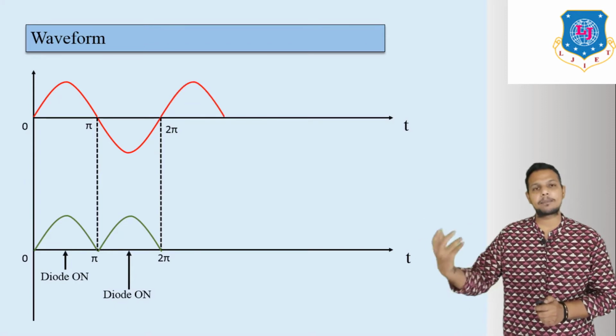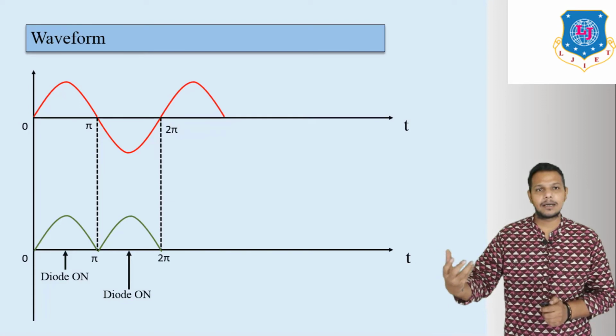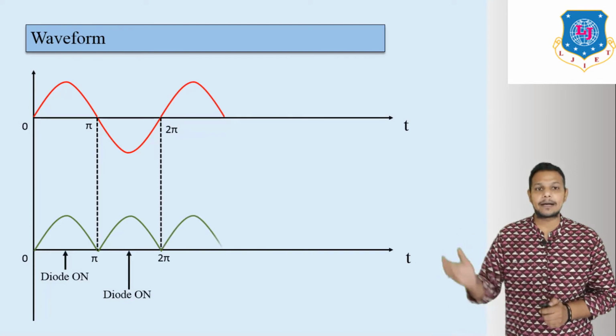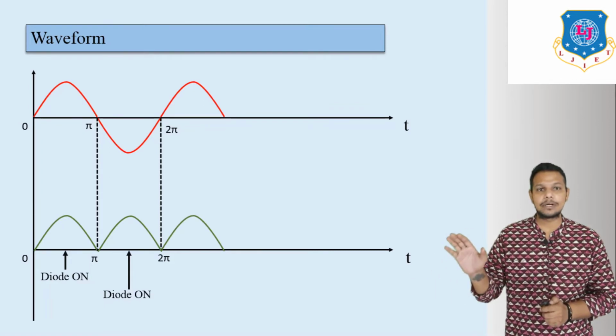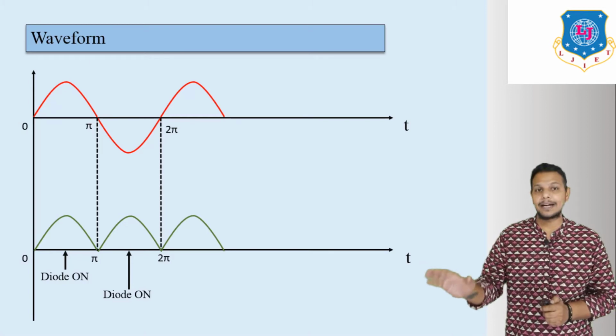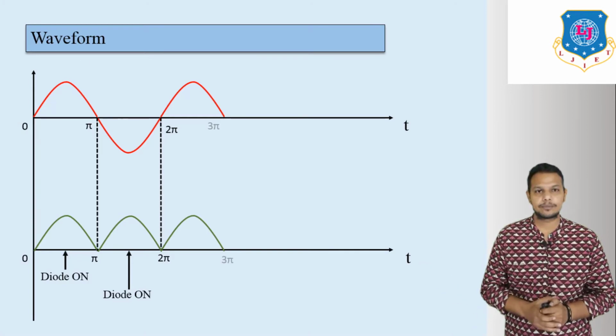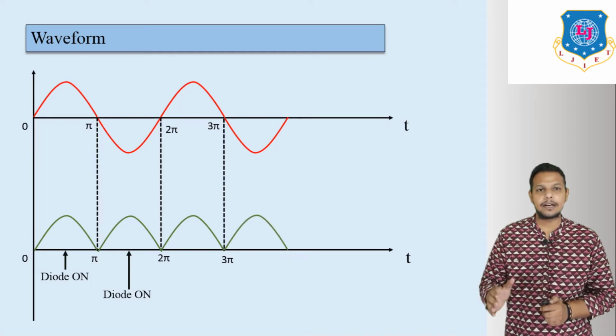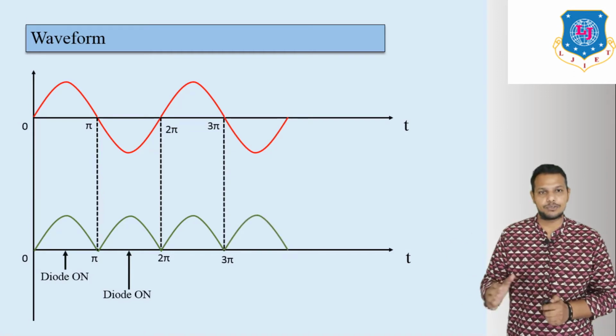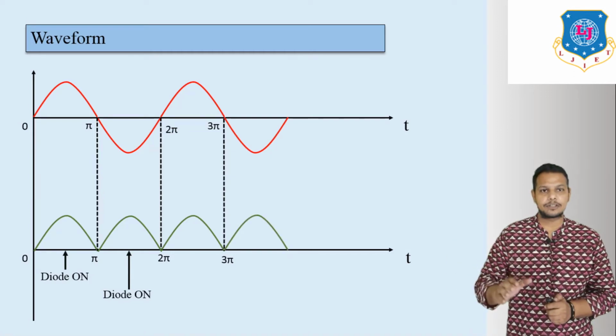Now again, if we apply positive half cycle at the input side, we will get positive half cycle from the output side, and at this time diode D1 is on and D2 is off.